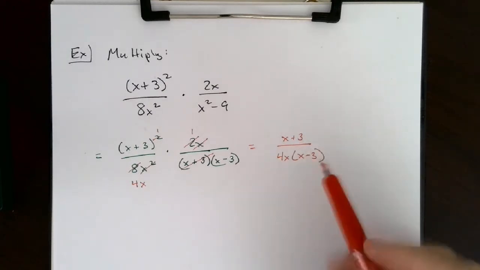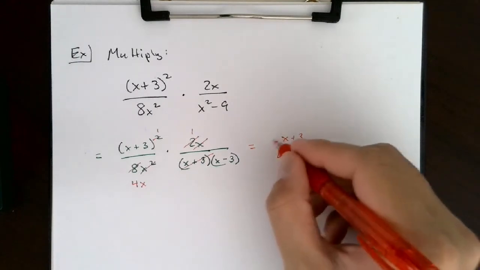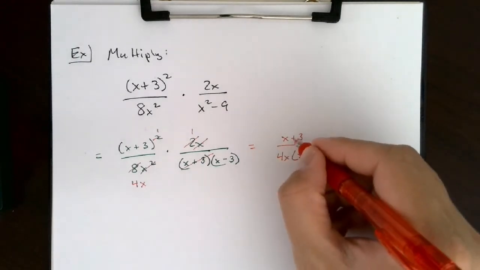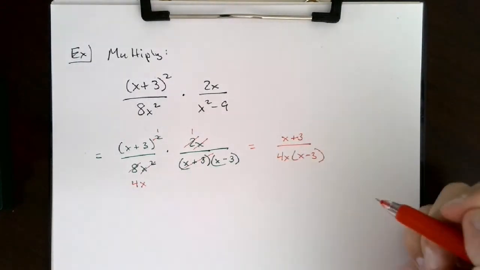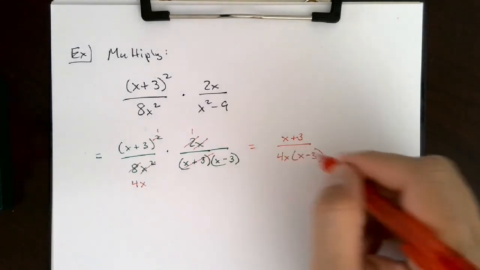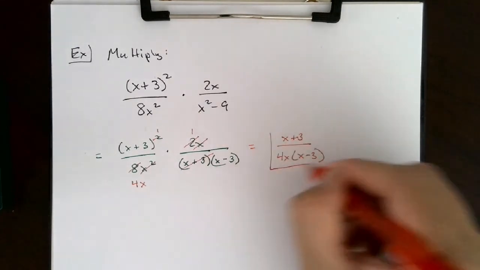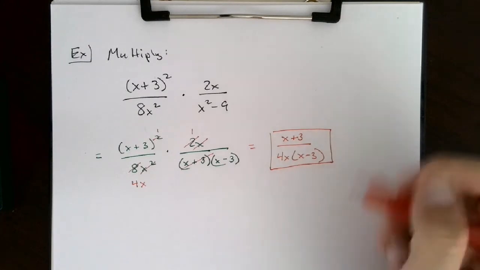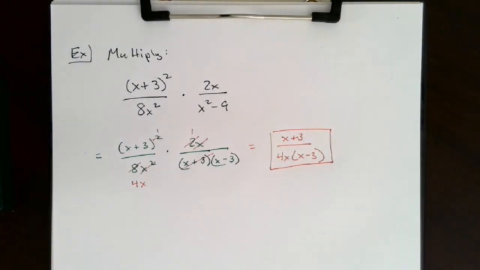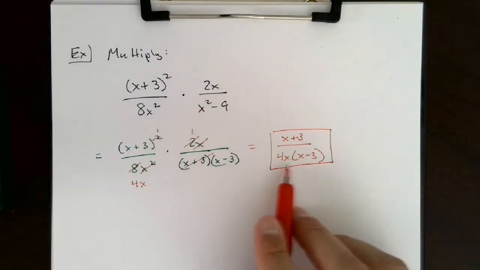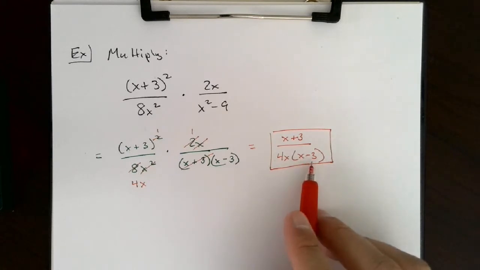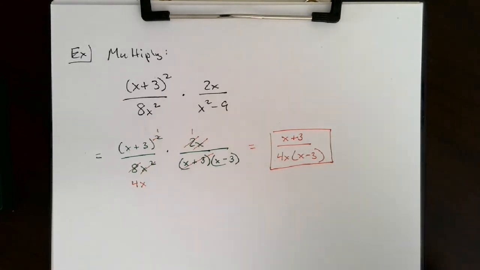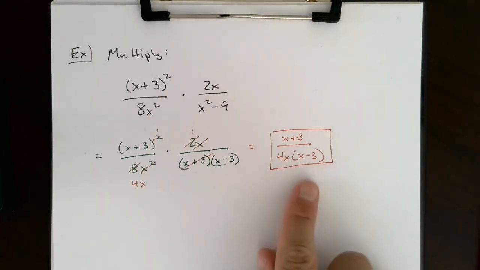Remember, these aren't the exact same factors, so you can't cancel them. You can't cancel anything here. And I would leave it like that as a product in the denominator. If you distribute the 4x through, that's okay. Just make sure you do it correctly, otherwise you would lose points. I would leave it in this form though.